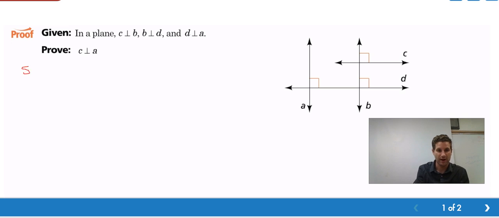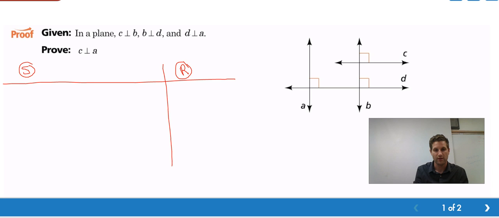I'm just going to write S for statements here, R for reason over here. I'm just going to set up the table real quick. Alright, now let's think before we act. I know these are perpendicular, I know these are perpendicular. Well, if these two are perpendicular to each other, and these two are perpendicular to each other, then these must be perpendicular to one another.